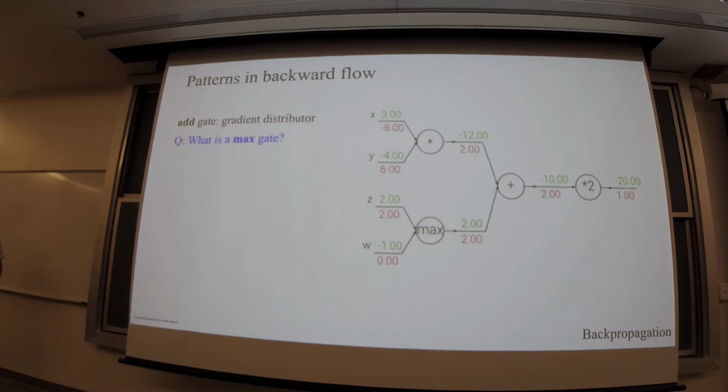So what does max look like? So we say z is equal to max of x and y. Now we want to know what's the partial of z with respect to x, and what's the partial of z with respect to y.